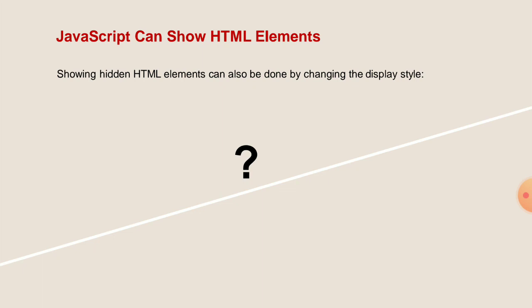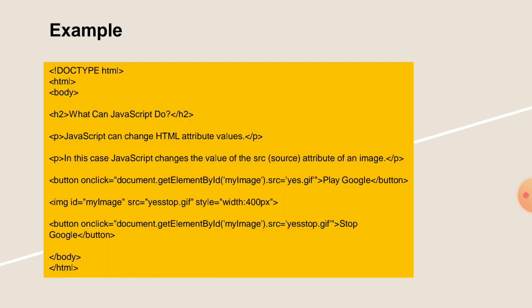JavaScript can show HTML elements. Showing a hidden HTML element can also be done by changing the display style. An example is an HTML body section, with paragraphs.